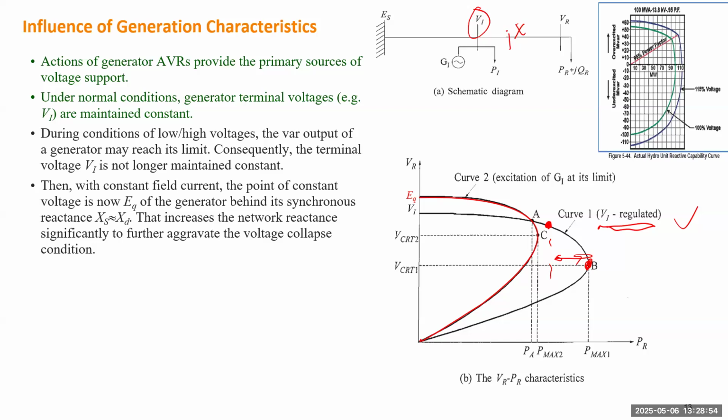But if you reach the current limit, that will make EQ become constant. Okay, so this bus will fail. That one cannot maintain the constant voltage. And so you need to treat EQ as the constant voltage, and the reactance, you need to add the synchronous reactance. You need to use EQ and the line reactance together with the synchronous reactance to redraw the PV curve.